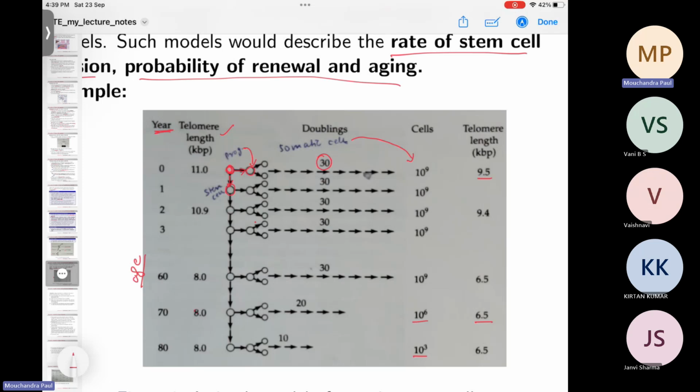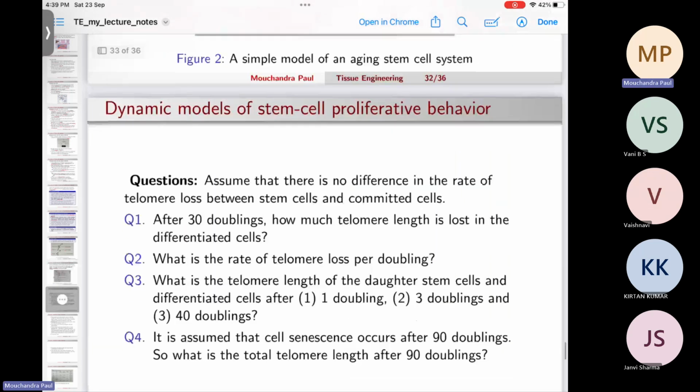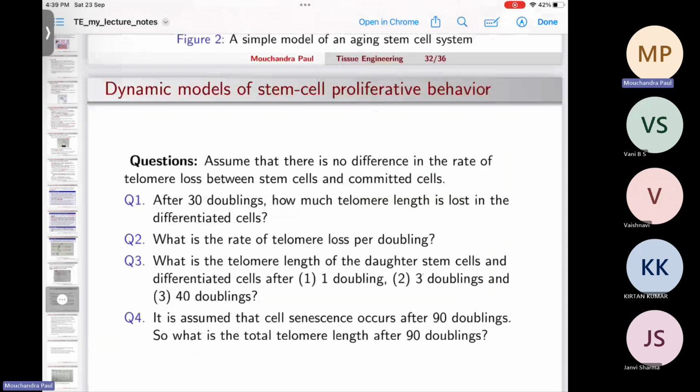Okay, so in a deterministic manner the stem cell reservoir is being maintained. All right, and also the rate at which the loss of telomere length is happening in the stem cell and in the differentiated cell, that rate is exactly the same. That model also assumes that. Now let's try to answer a few of the questions.